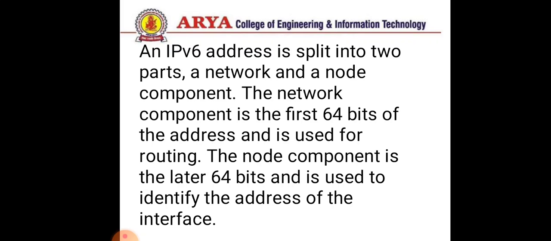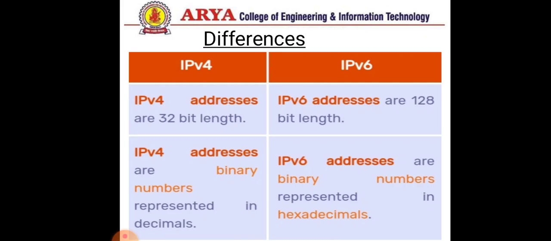IPv6 is a next generation internet protocol designed as a successor to IPv4. Fine. IPv6 is designed to enable a high performance, scalable internet, and this is achieved by overcoming many of the weaknesses of the IPv4 protocol. So, for understanding the differences between IPv4 and IPv6, we are moving on to the differences.